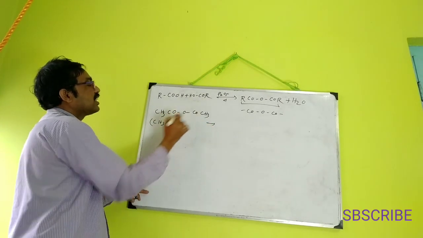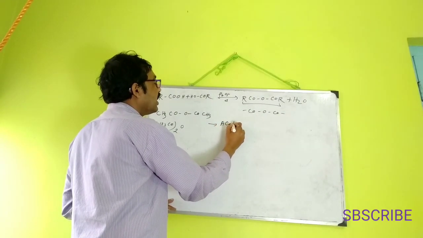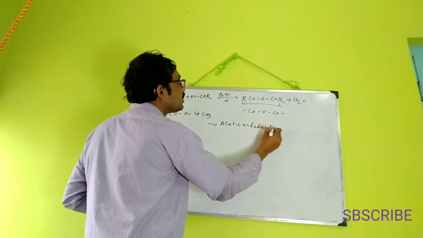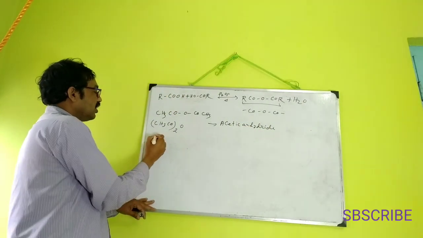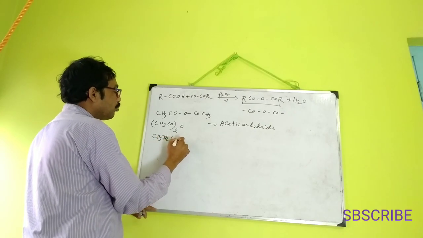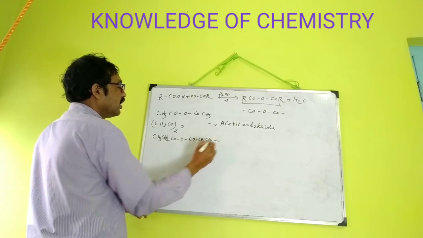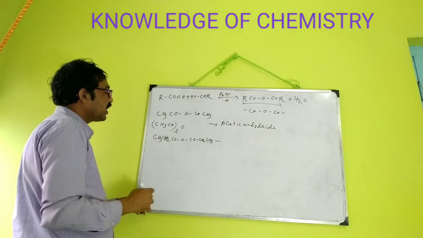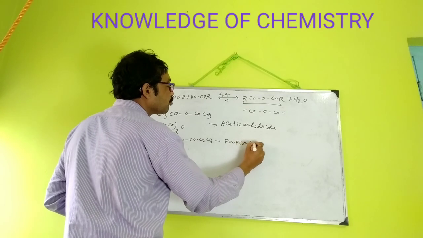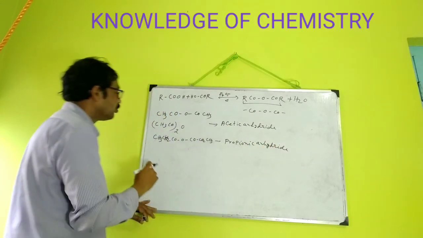It is obtained from acetic acid, so its name will be acetic anhydride in the trivial system. CH3CH2CO-O-COCH2CH3 is obtained from propionic acid, so its name will be propionic anhydride.